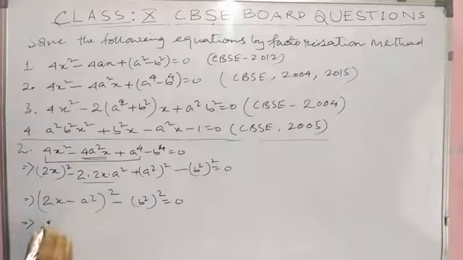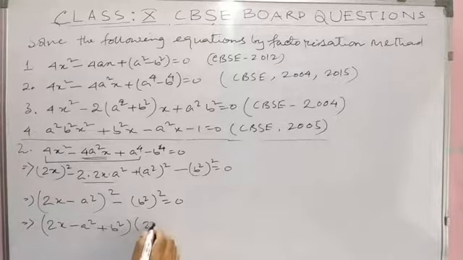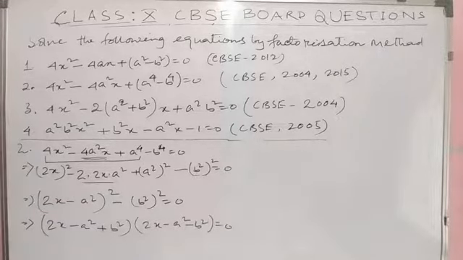Now a² − b² will be (a + b)(a − b) equal to 0, since a² − b² equals (a + b)(a − b).